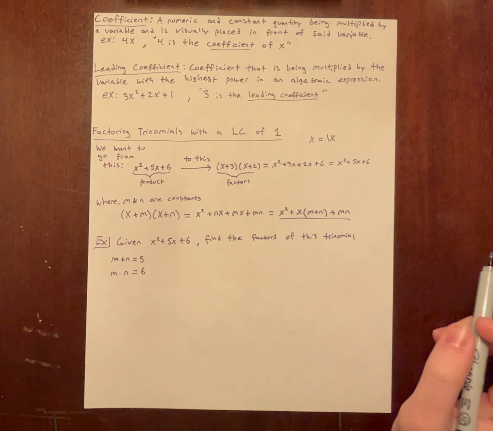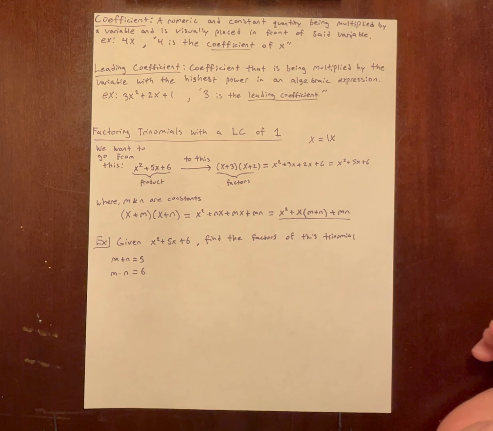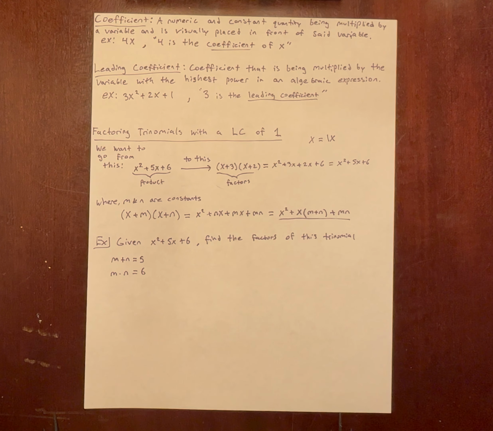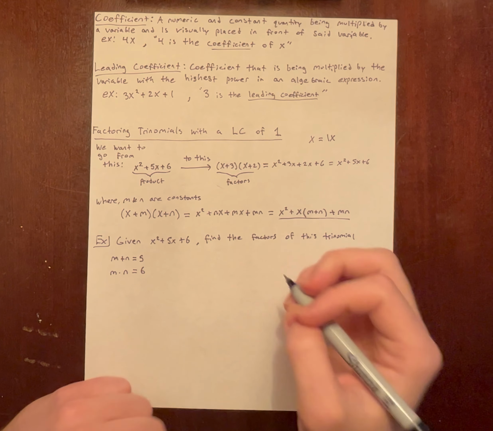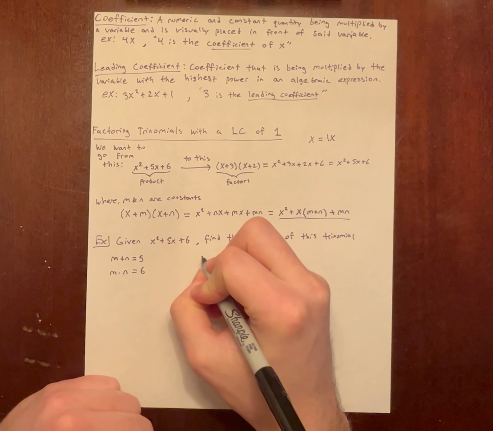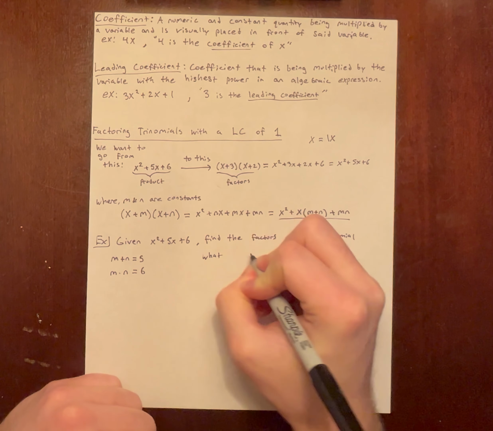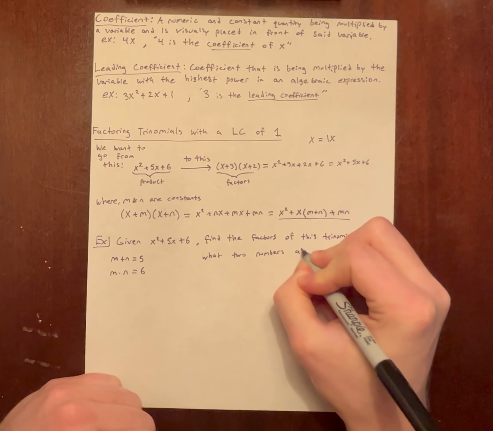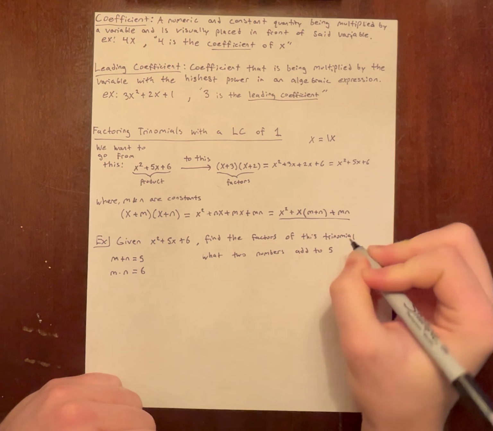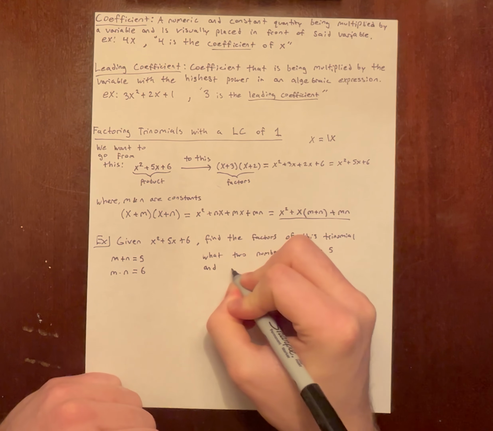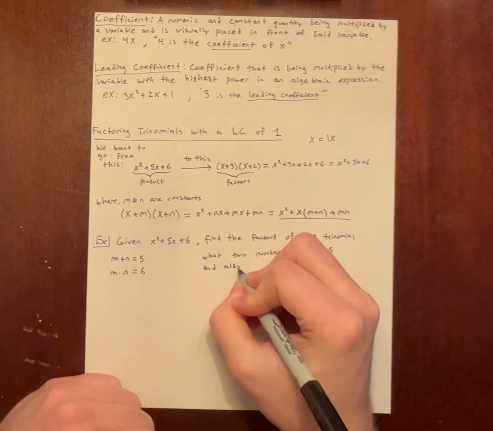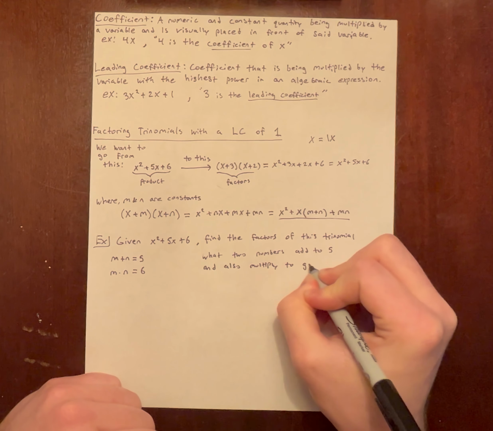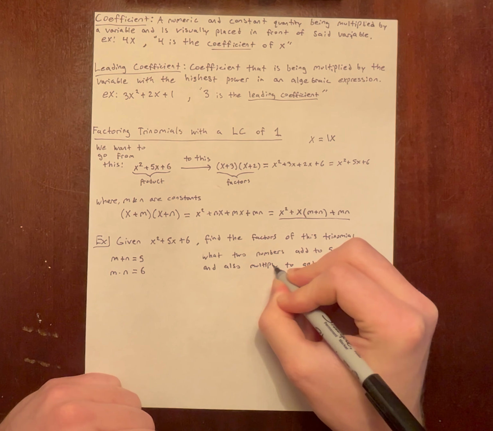And so what I've given you now is a set of formulas that you can use to solve for the factors. Now, the formal question, I'll write it is, what two numbers add to 5 and also multiply to get 6. So the same numbers.